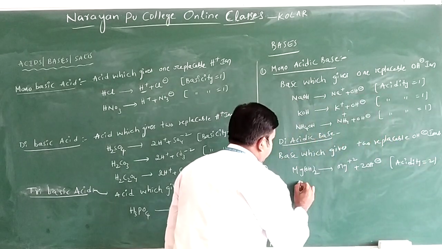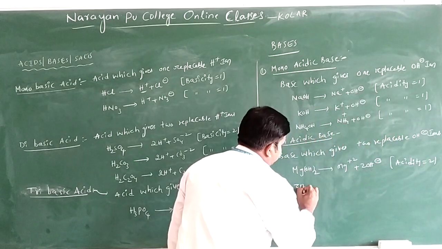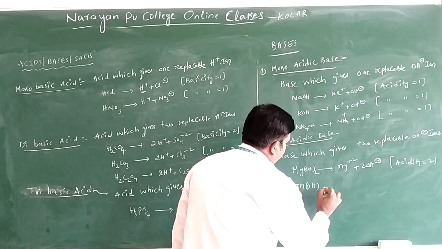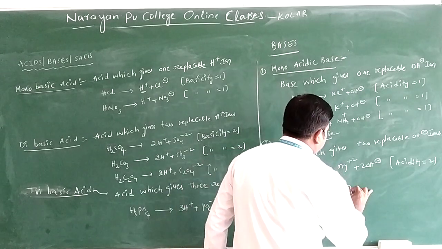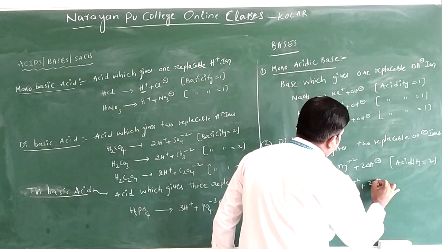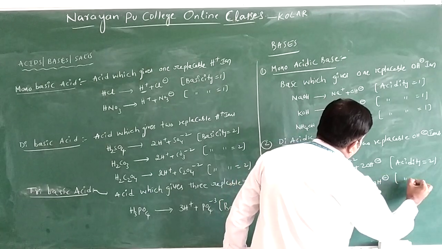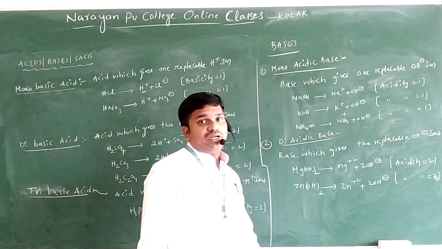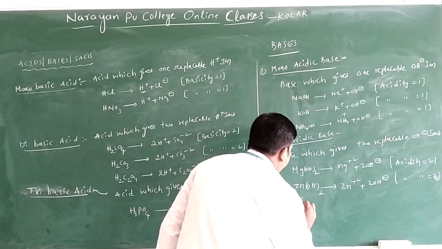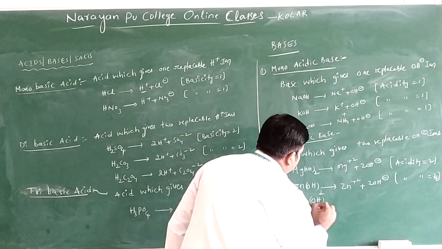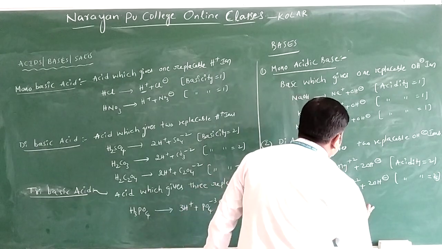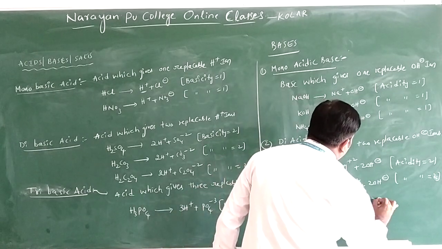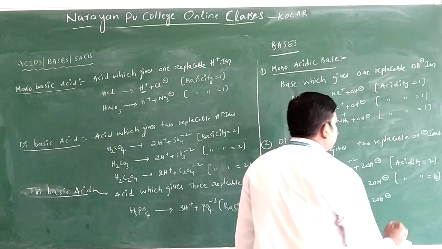If you take zinc hydroxide, it dissociates into Zn plus 2 and 2 OH minus. Here also, the acidity is 2. If you take calcium hydroxide, it dissociates into Ca plus 2 and 2 OH minus.